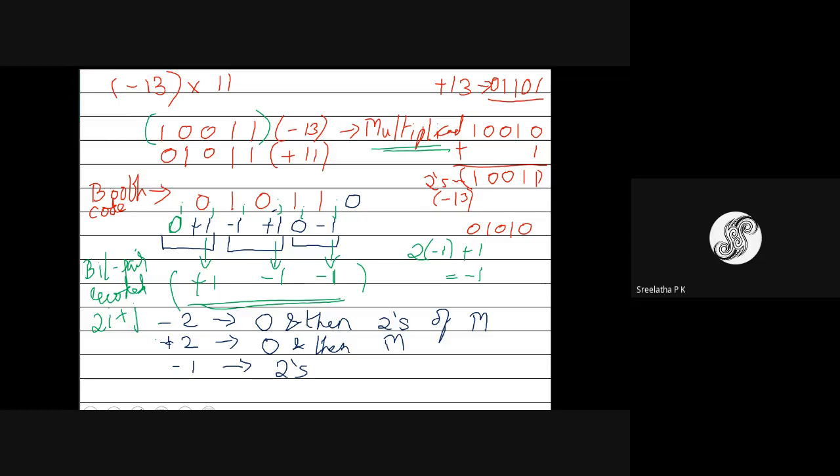Remember, whenever there is a negative, it is the 2's complement of the multiplicand, and when there is plus 1, it is directly the multiplicand. When it is 2, add a 0 at the LSB, in both cases. If it is minus 2, the 2's complement of the multiplicand. If it is plus 2, then directly the multiplicand. Again, minus 1, the 2's complement of the multiplicand; plus 1, directly the multiplicand.